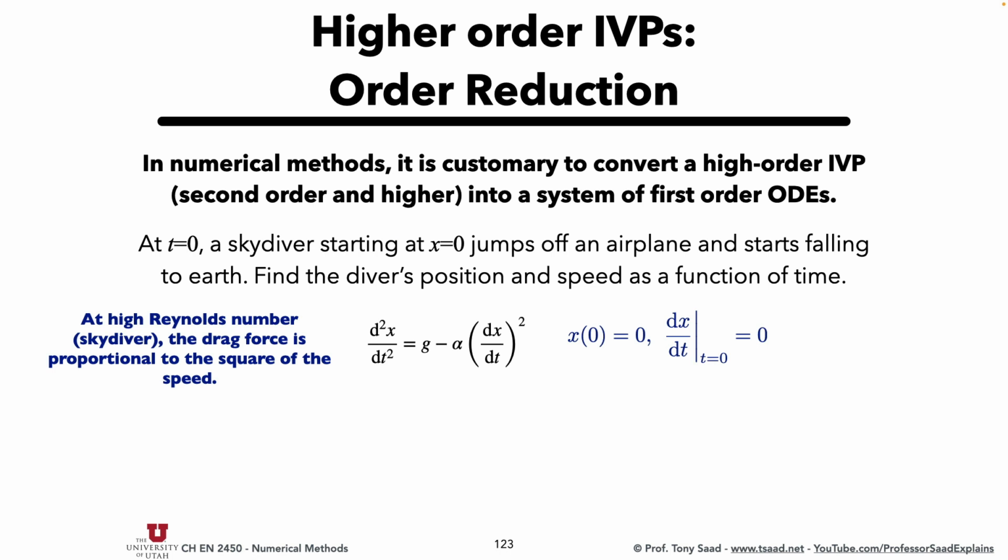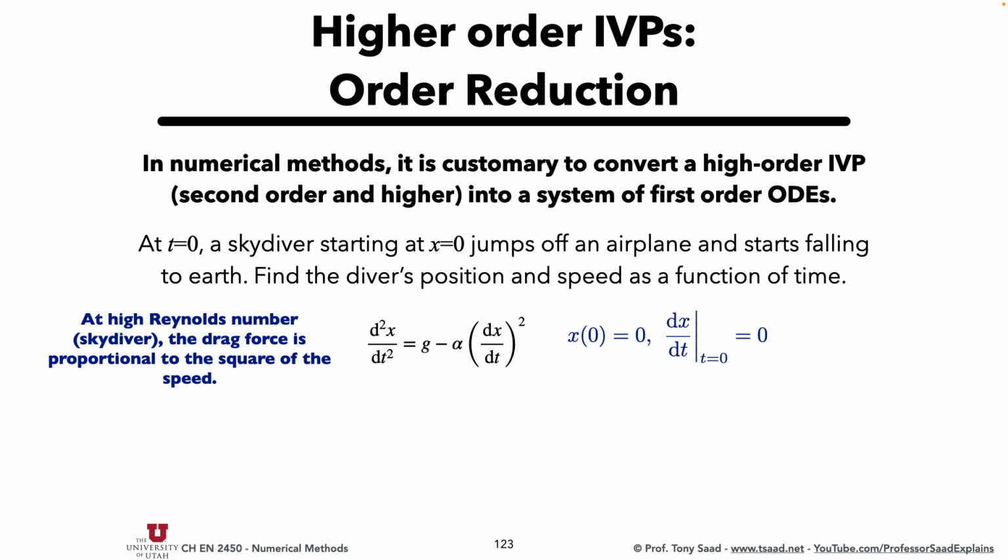Those were all first derivatives, right? But in practice, you might have initial value problems that have second derivatives in time, or third derivatives, or fourth derivatives, and so on. So how do you handle those?